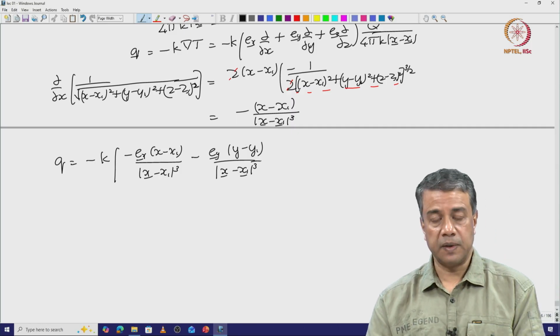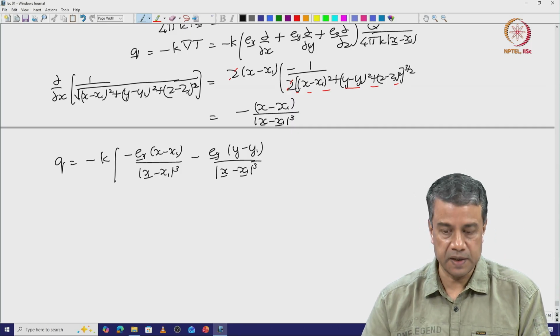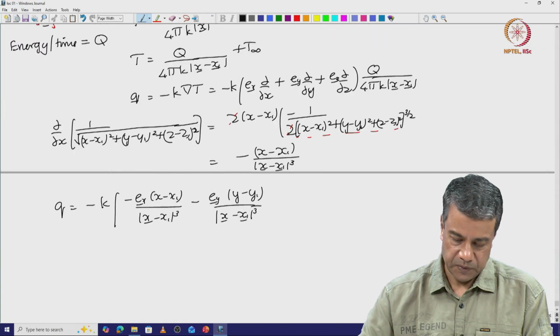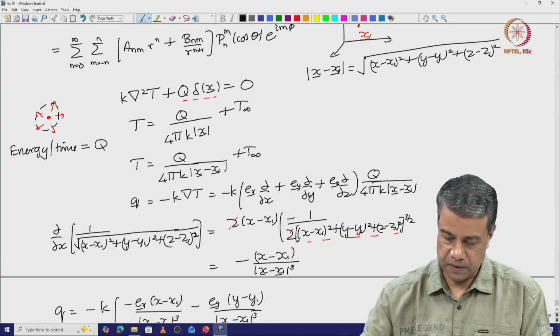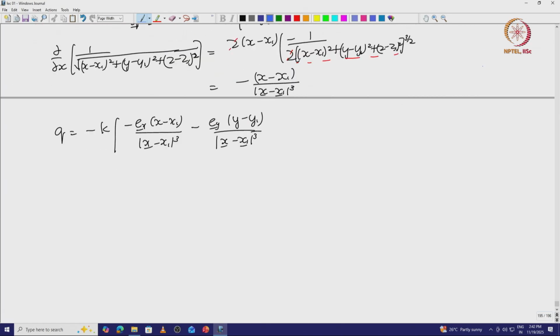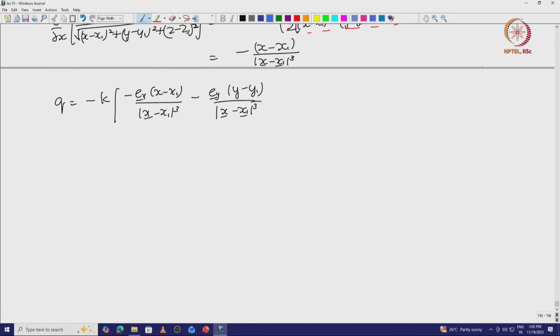Note that in the denominator there are the vectors x vector minus x1 vector. The modulus of x vector minus x1 vector is just equal to this one, and that is there in the denominator to the third power.